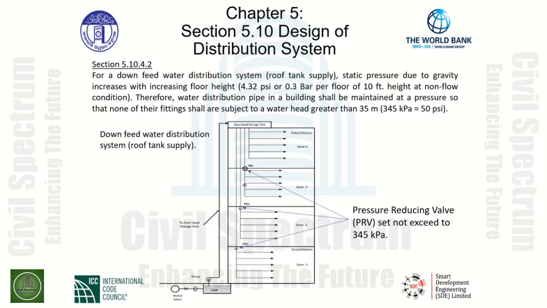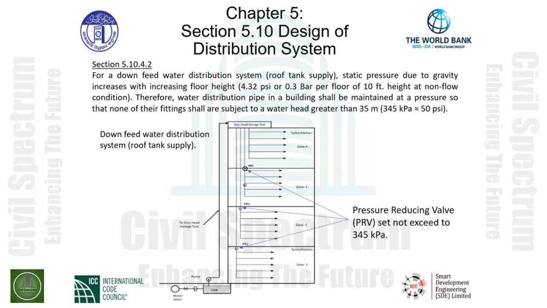When we move to zone 3, the further that we run the pipe downward from the overhead storage tank, the more pressure is increasing within that distribution pipe. We need a valve called a pressure reducing valve to be placed in the pipe such that we do not have a water head greater than 35 meters, which equates to approximately 345 kilopascals.